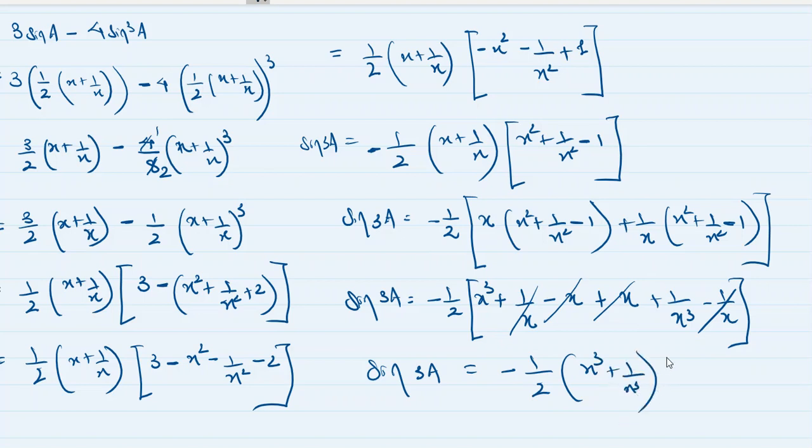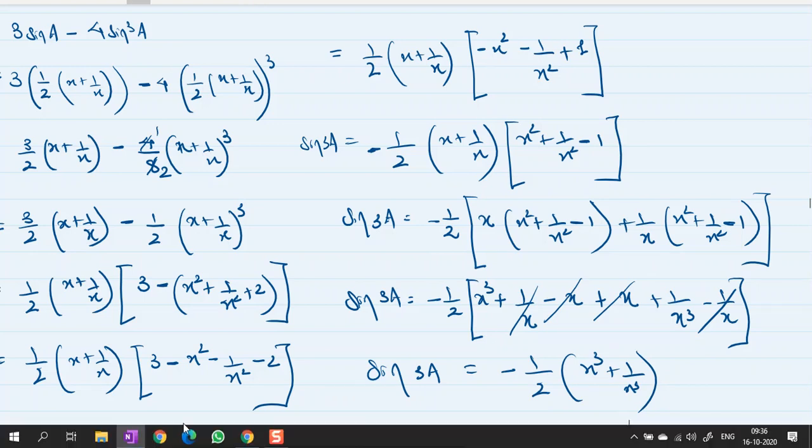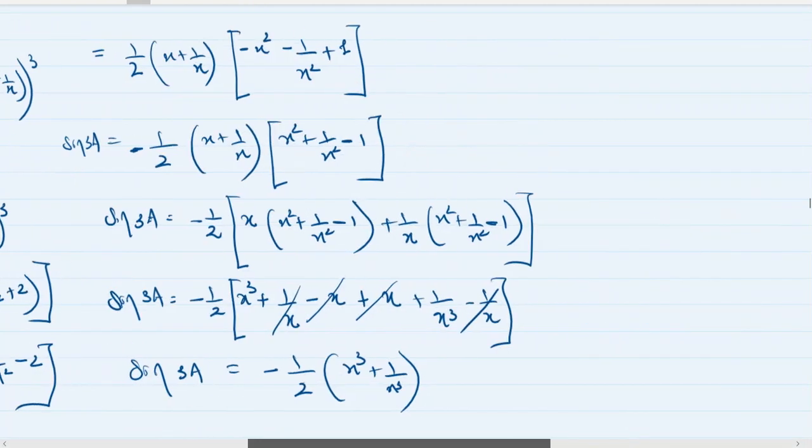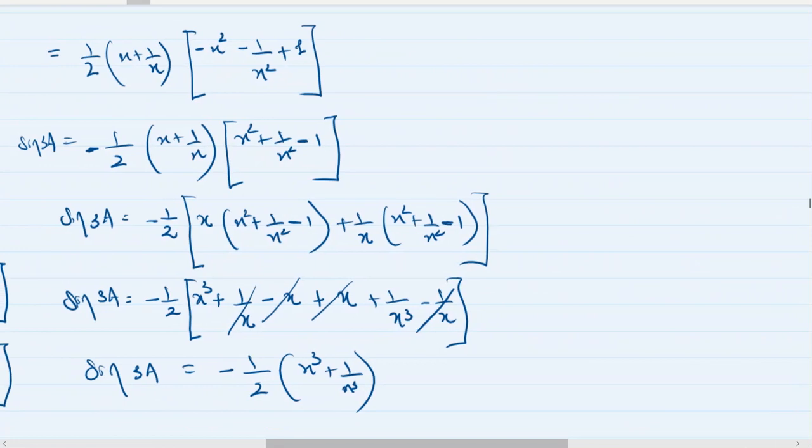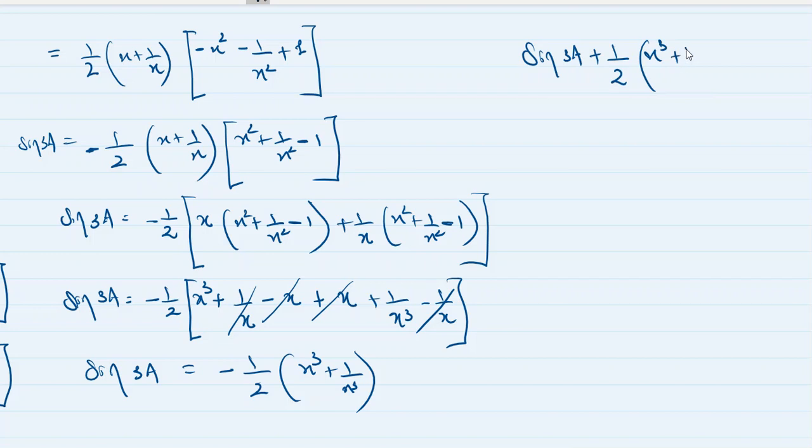So what we are going to do is shift that term to the left hand side. So we get sine of 3A plus half of x cube plus 1 by x cube is equal to 0.